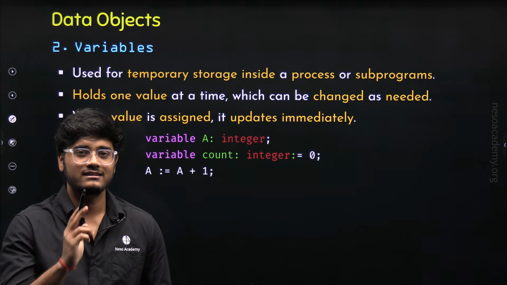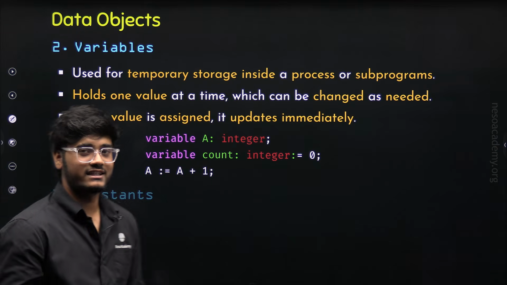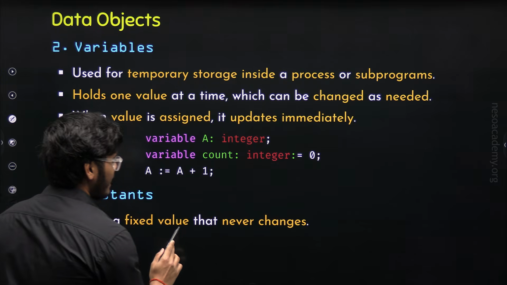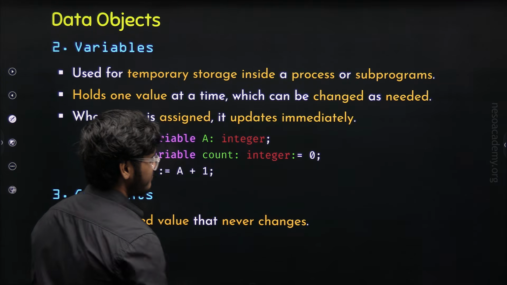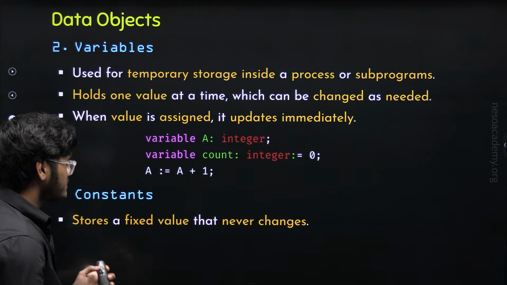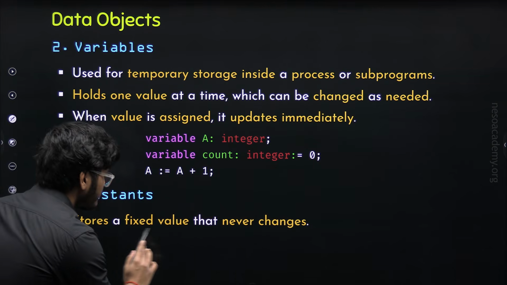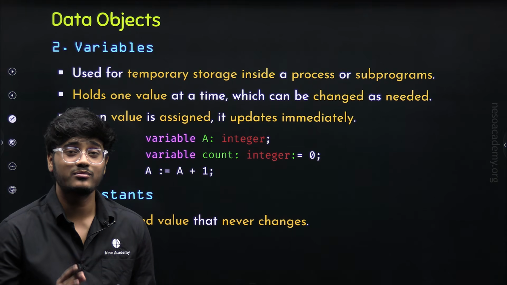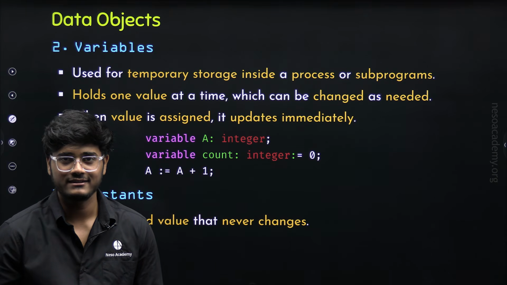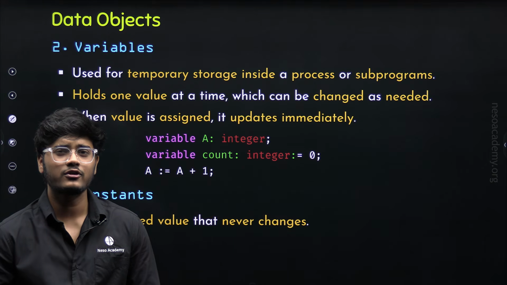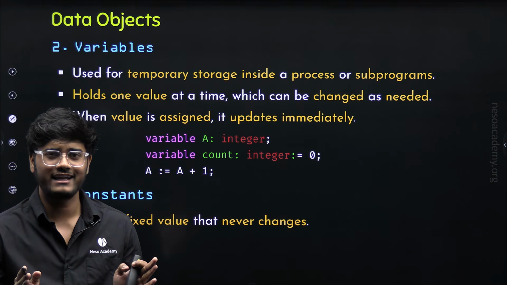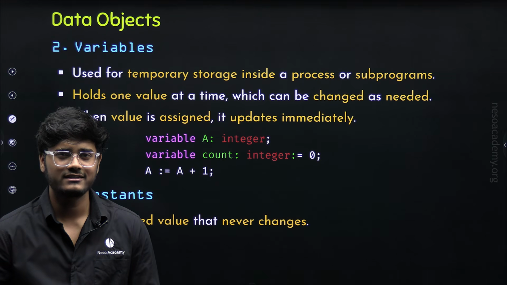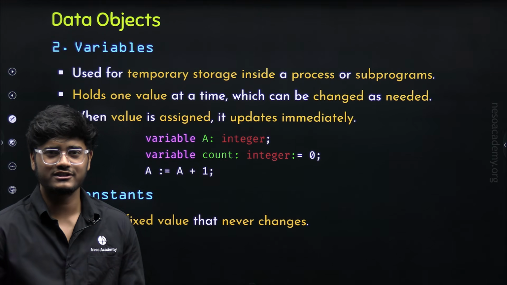Let's understand the third data object, constants. A constant stores a fixed value that never changes. Means constants are used to store fixed values, which are defined once and cannot be modified later. Means constants are used to store fixed parameters like width, size, limits, etc. Let's see one example of a constant.